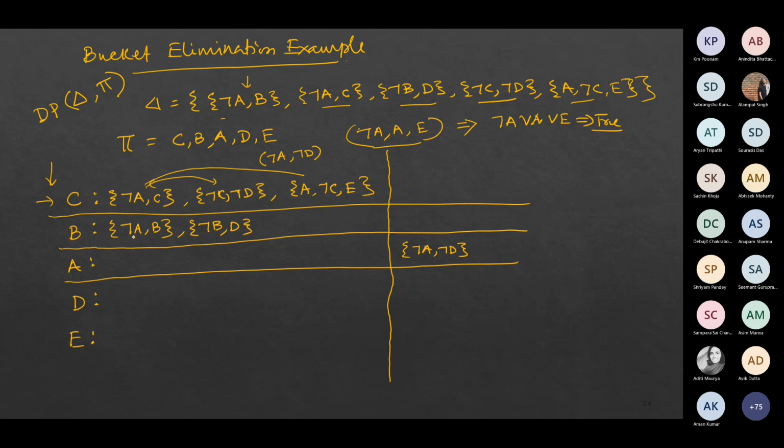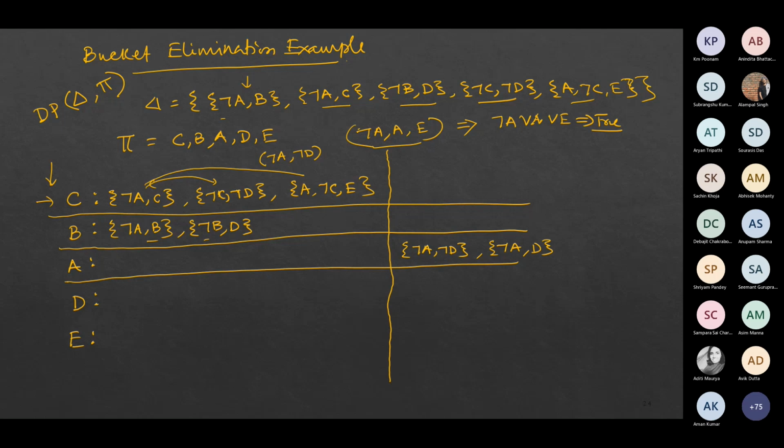Now we are left with another. So this and this, we can apply B resolution here to get not of A, D. And you know that we can put it here, not of A, D. Now what should we do? Can I apply D resolution here? Yes, sir. Just go back to the algorithm and check.